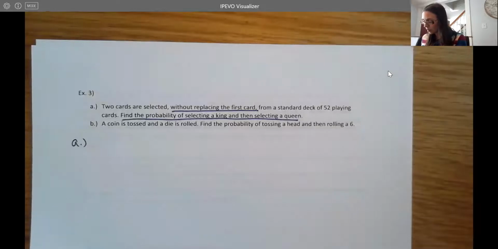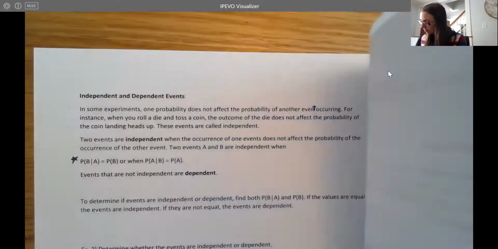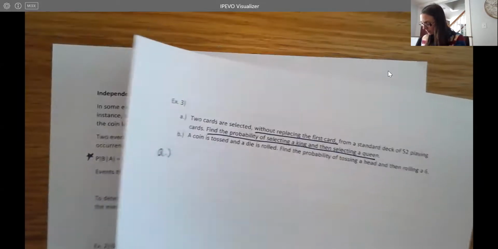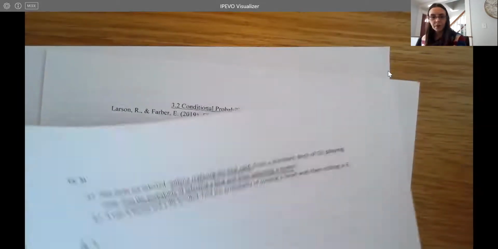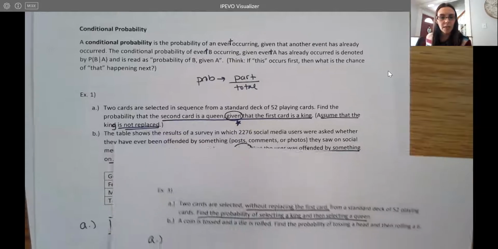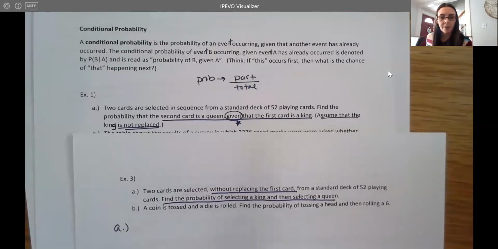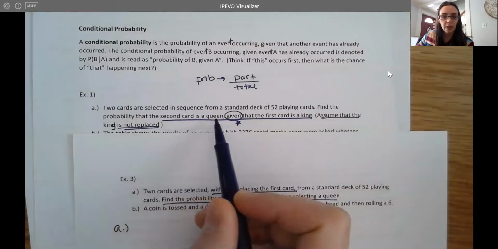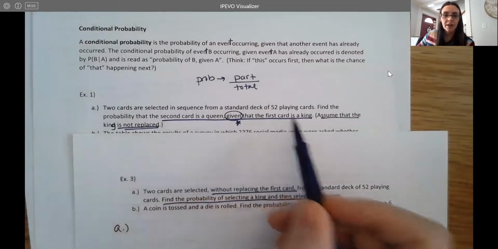So again, I just want to go back to that first example a second. Okay. So look at this first example and the change in the wording. In our first example, it said, find the probability that the second card is a queen, given the first card is a king.